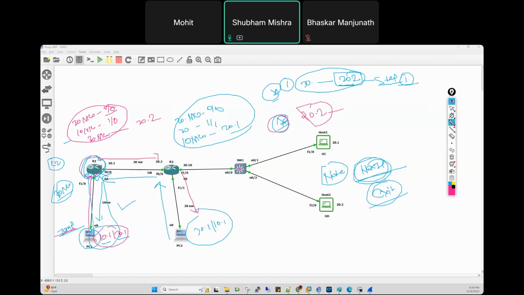Then Router number 1 will get to know, if I need to reach 20.2, I need to forward this packet by FastEthernet 0/0. That's the reason Router 1 is going to forward your packet through 0/0. Do you guys understand the main motive? Everyone tell me.